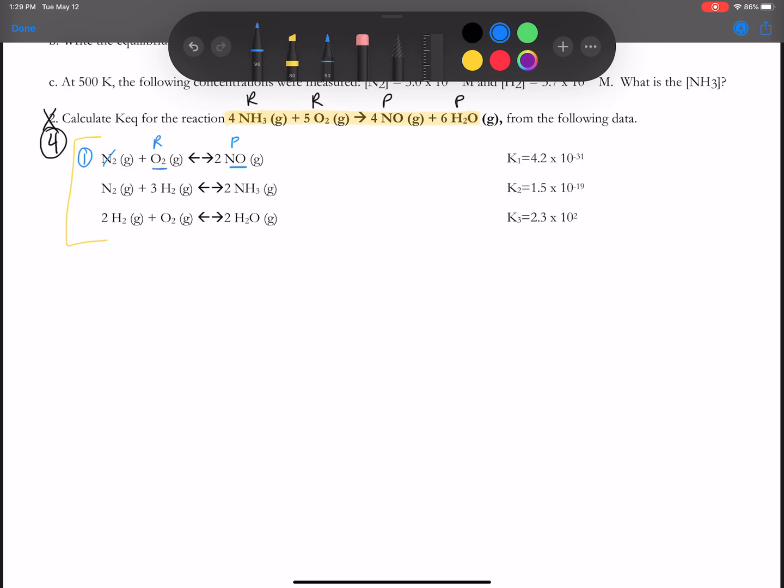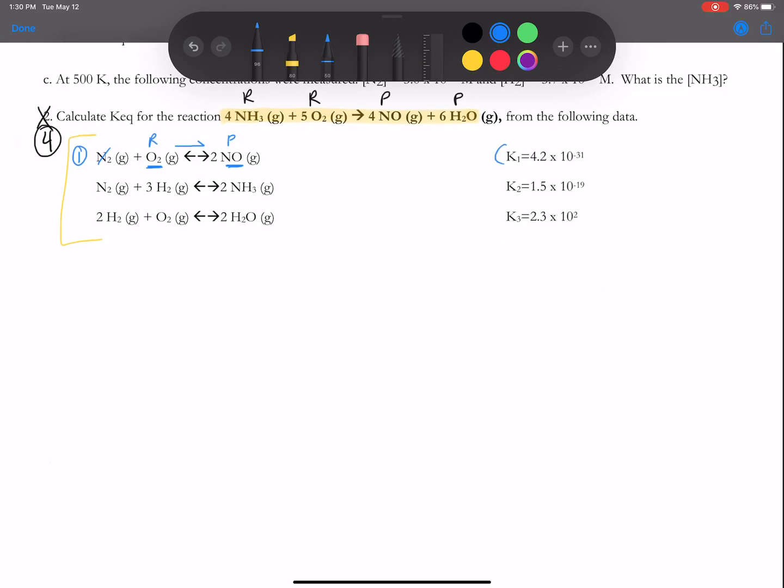In my new equation, my oxygen is a reactant and my NO is a product, just as in my data. So I'm still focused on the same forward reaction I was given. That means my KQ is not going to be taken to the negative power. I do not need the flip of it.